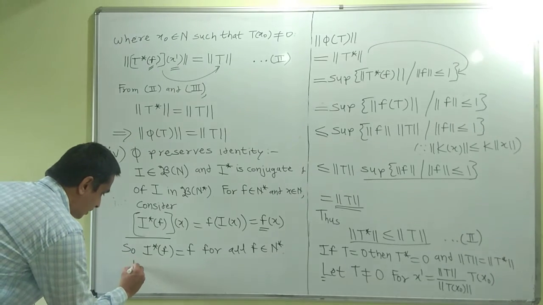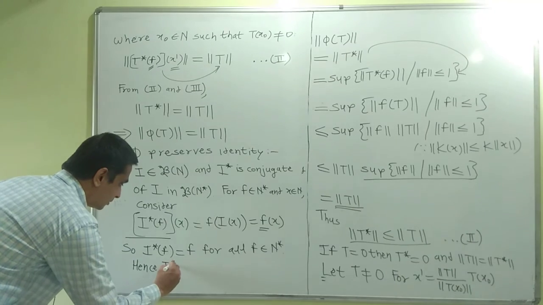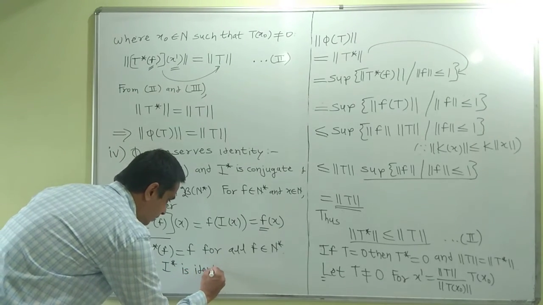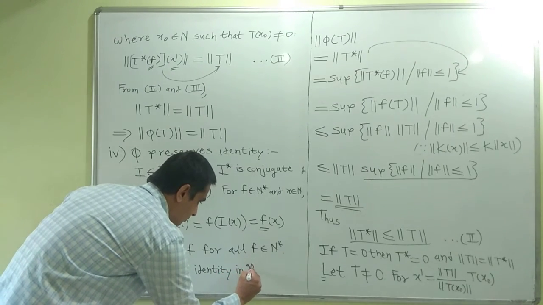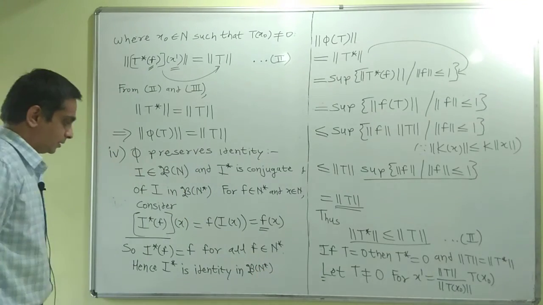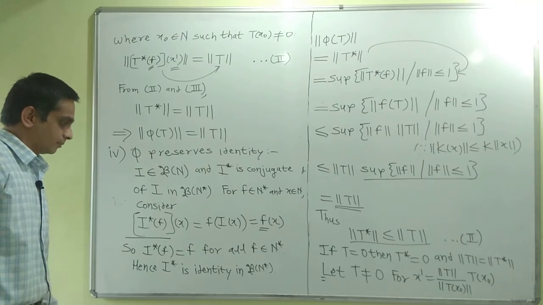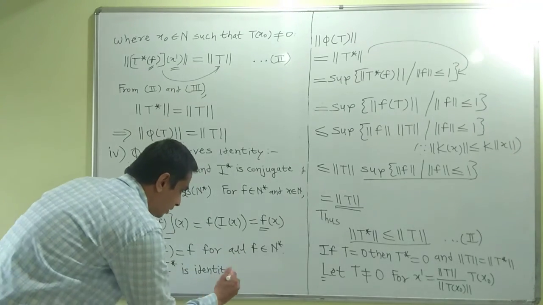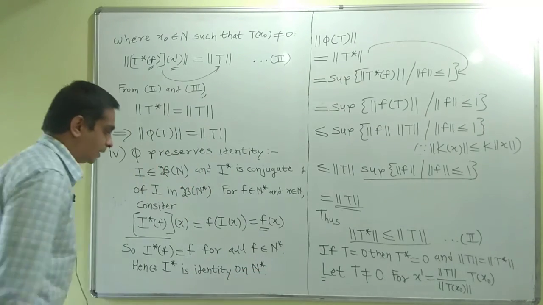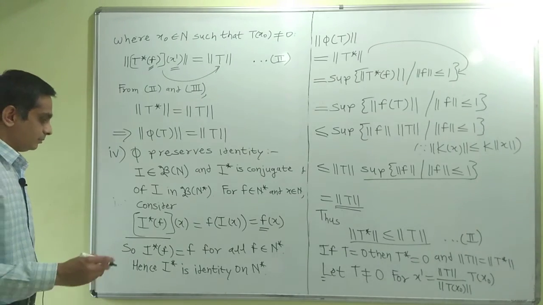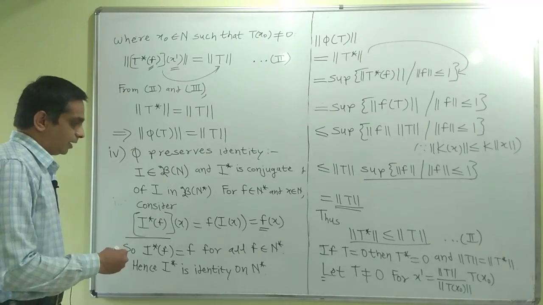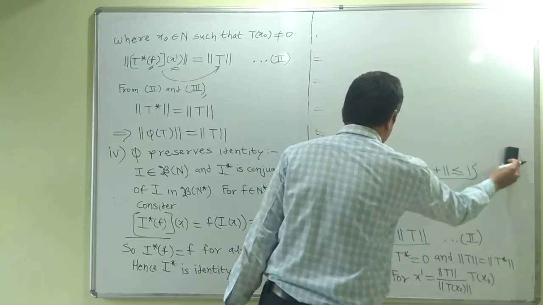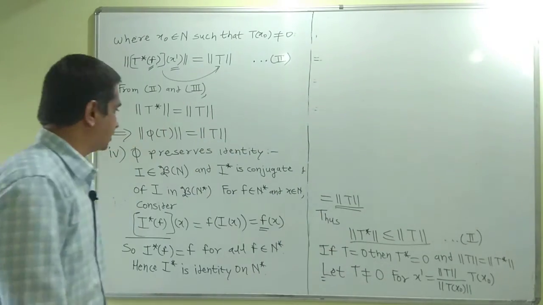Hence I star is identity on N star. So phi of I is equal to I star, and I star is identity on N star. This proves that phi preserves identity.